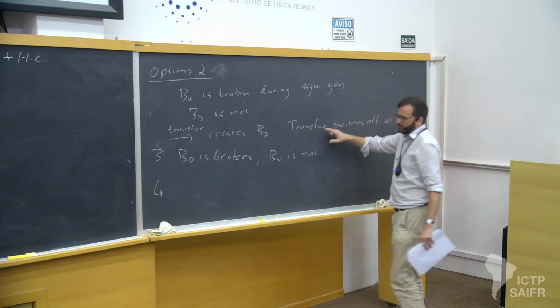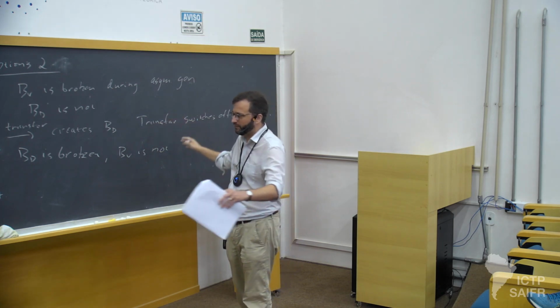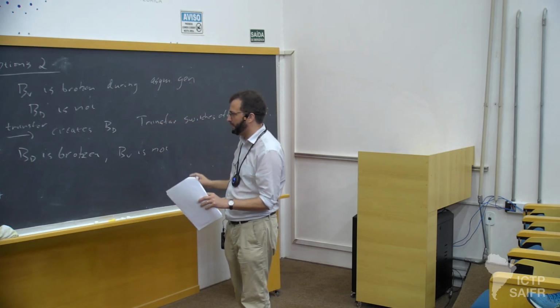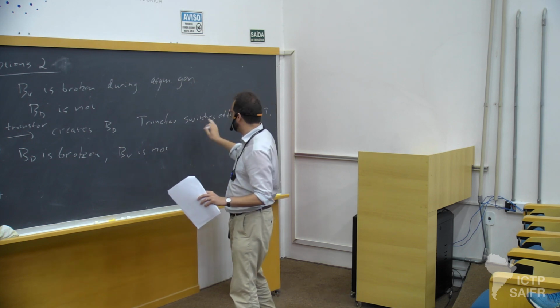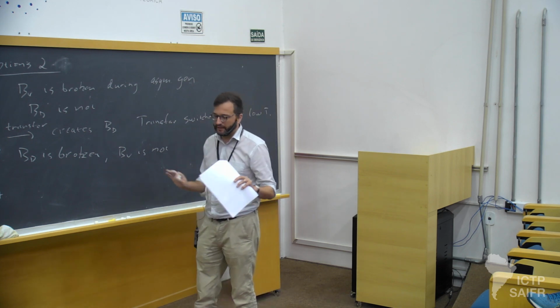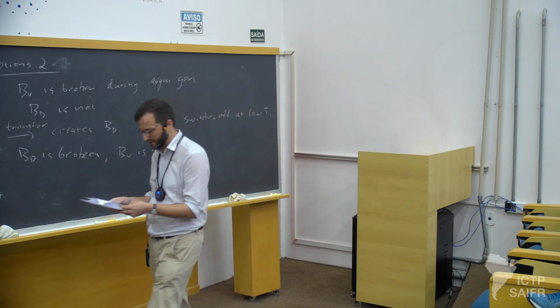We'll see that in this case you can also get, depending on the dark matter, when this decoupling occurs, when the transfer switches off, a whole possible range of dark matter masses.